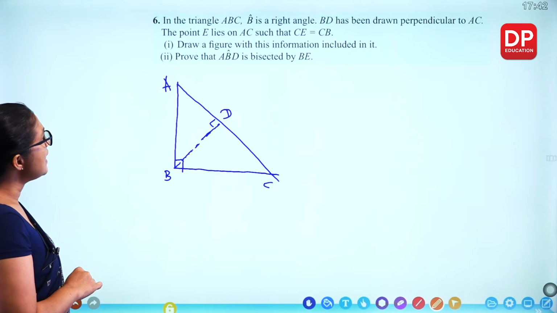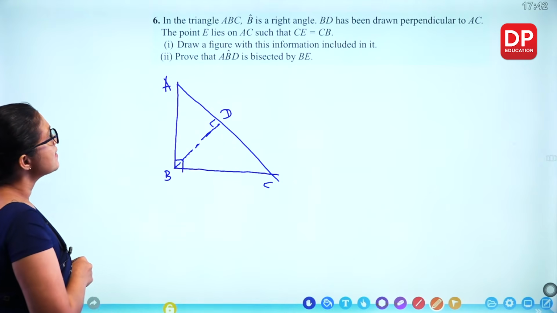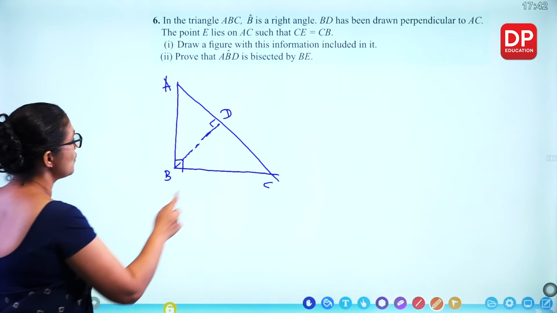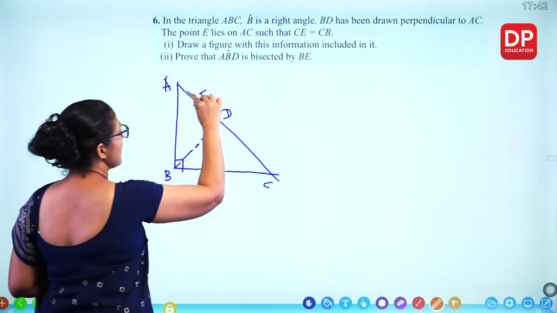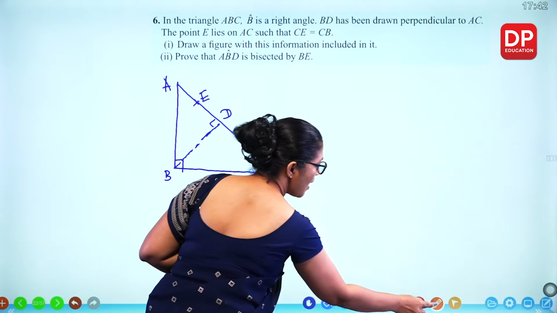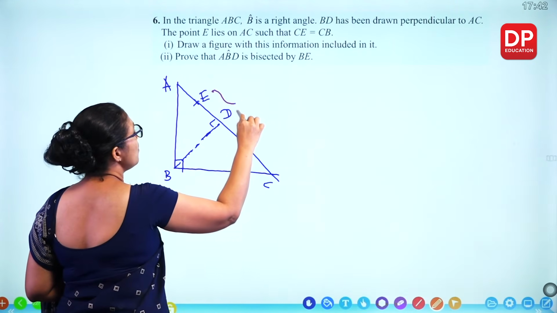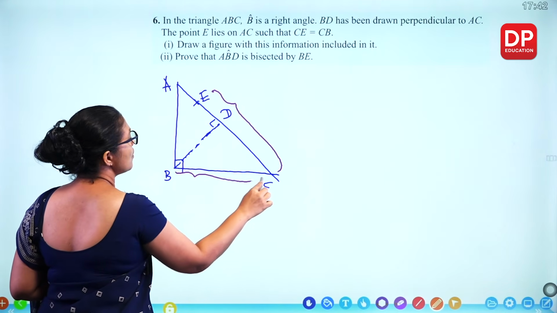The point E lies on AC, that means on this line, such that CE is equal to CB. So we'll take any point here, E. This whole distance we'll mark like this. This whole distance is equal to this distance.